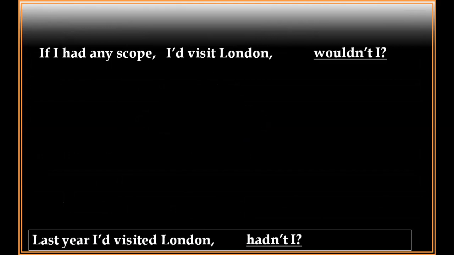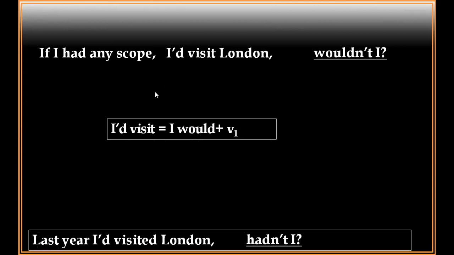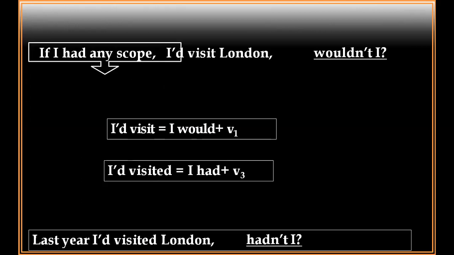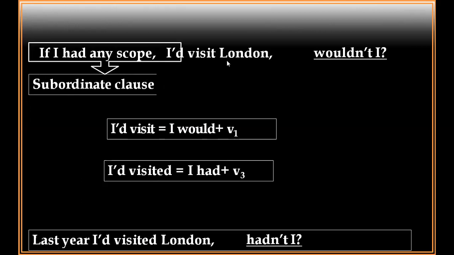If I had any scope, I would visit London. This is a complex sentence. When you are asked to do a tag question for a complex sentence, what will you do? In that case, you will consider the principal clause.